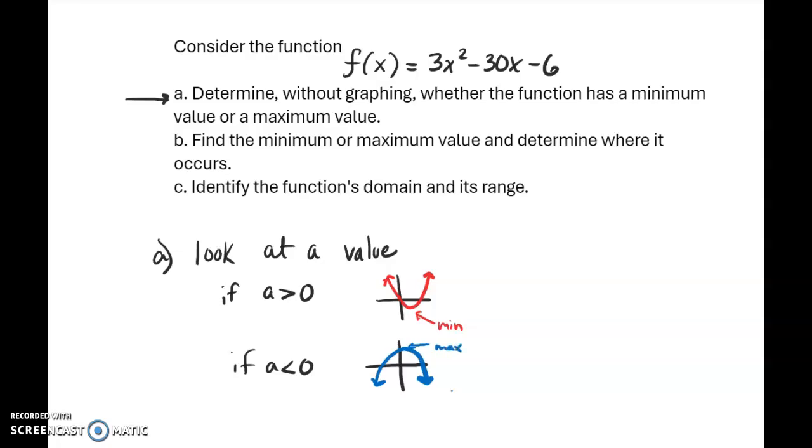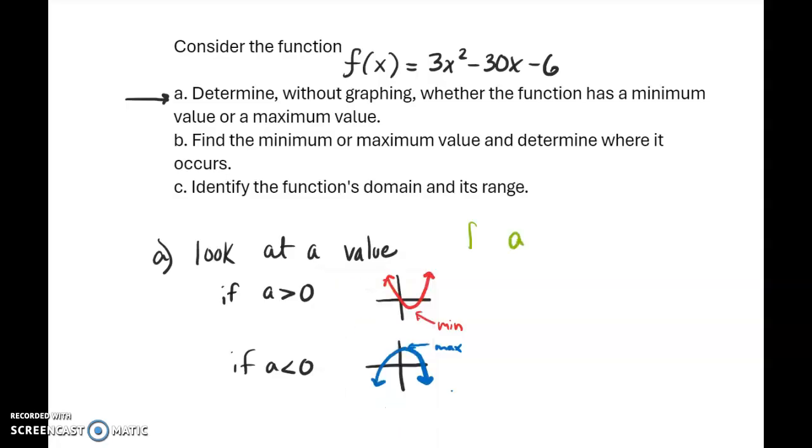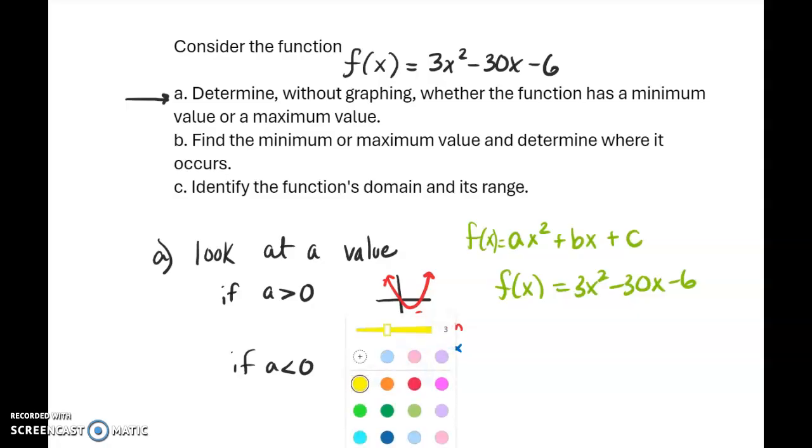So in this particular case, when I look at this problem, remember that our function, the basic quadratic function, looks like this. And so my function in this problem is 3x squared minus 30x minus 6. And so the A value is 3.